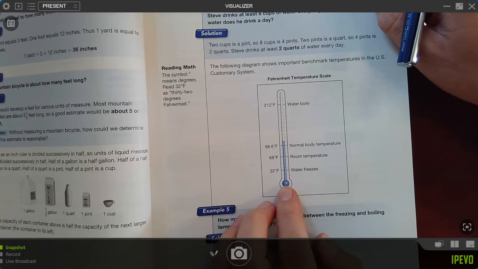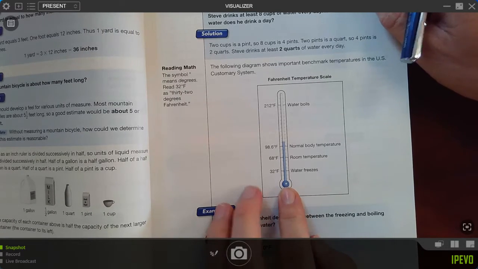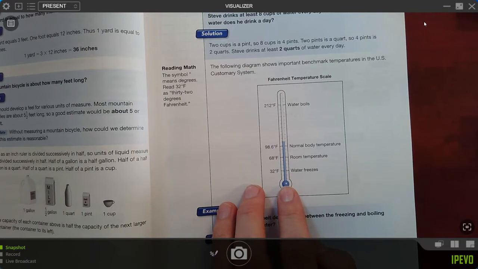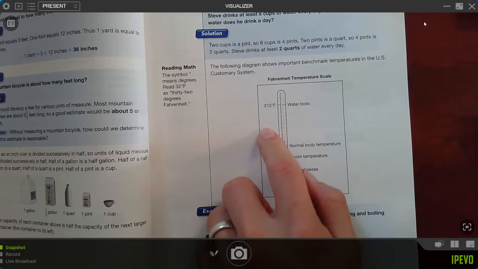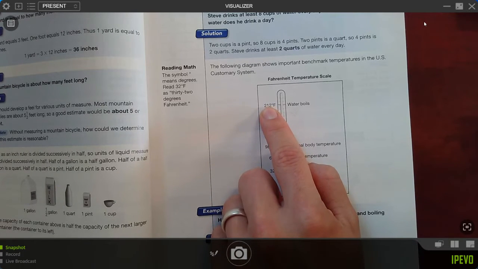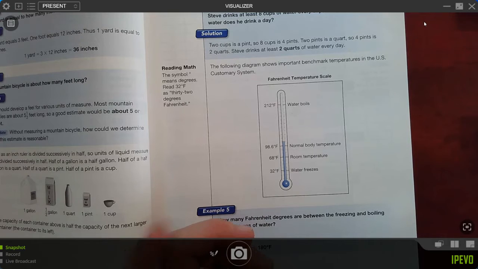This system, this one here, the Fahrenheit. Why is it 98.6 for normal body temperature? Because we messed up. That's why. This was supposed to be based on human temperature. They thought what they had was that 100 would be your normal body temperature and 200 would be when water boils. They didn't quite set it up right.